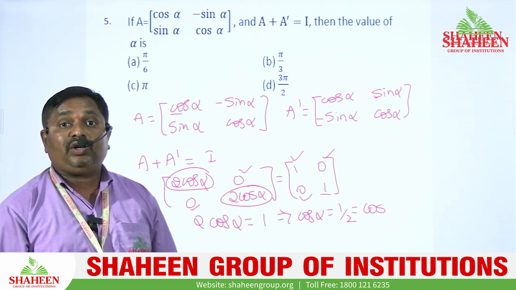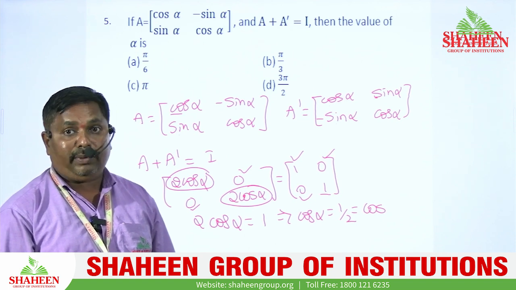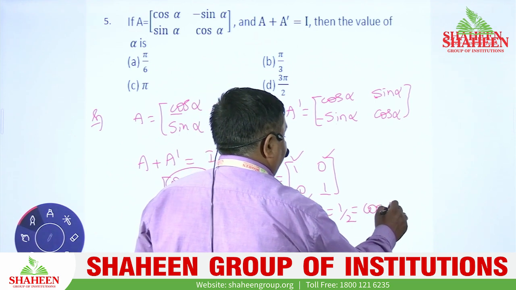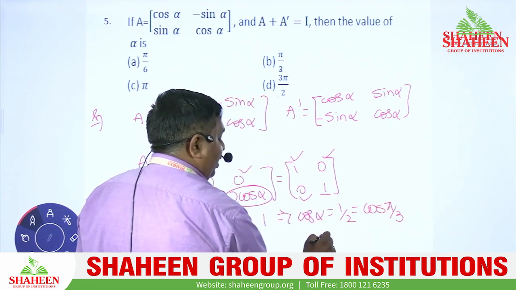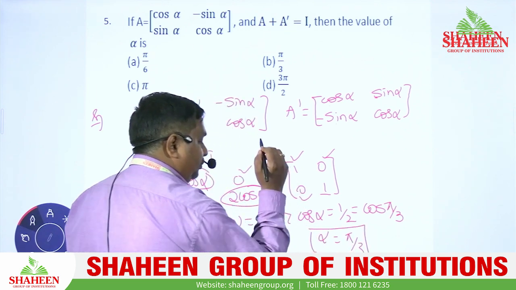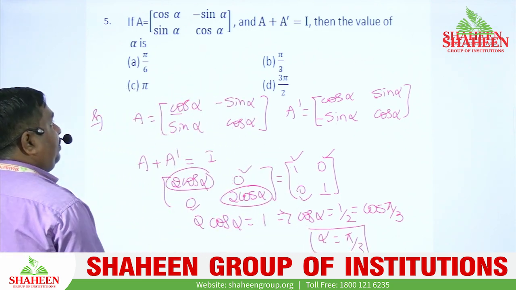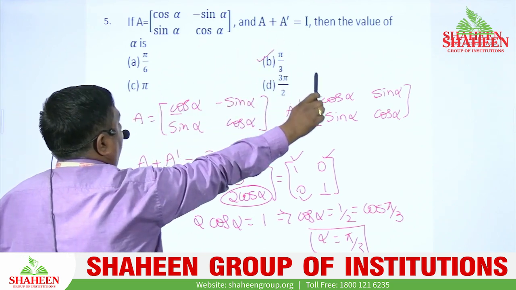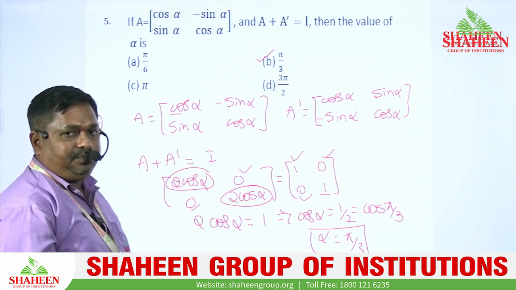Cos 60 degree. Cos 60 degree is 1 by 2. 60 degree in radian is written as pi by 3. Then here alpha is equal to pi by 3. The value of alpha is pi by 3, and we are checking for this pi by 3. The second option is correct.